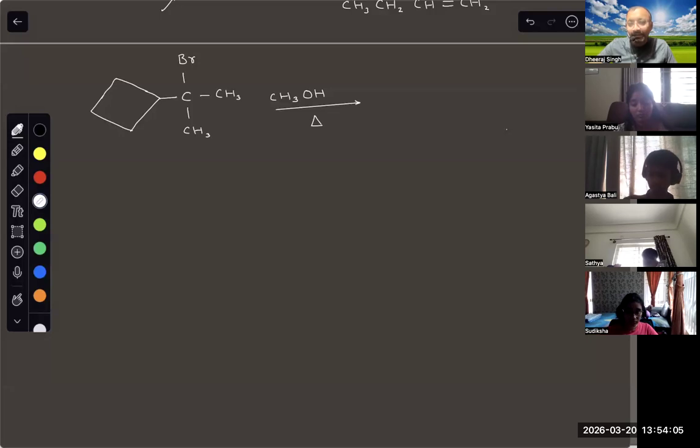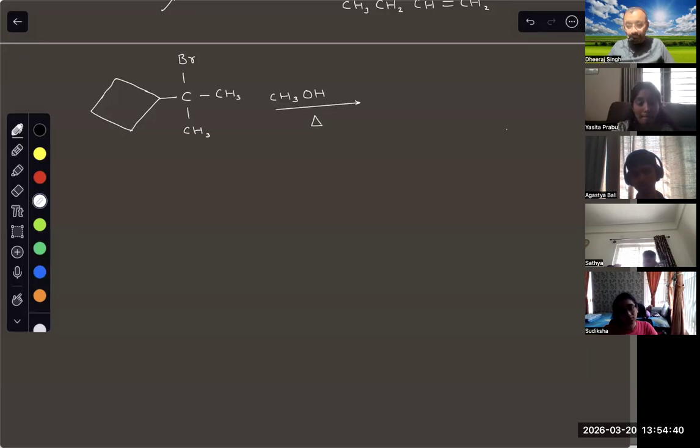Then anybody? What will happen? So would it be a cyclobutane ring with C double bond CH and CH3? Cyclobutane will remain as it is. It forms a double bond with the CH2 and then a single bond CH3. Let us see that.